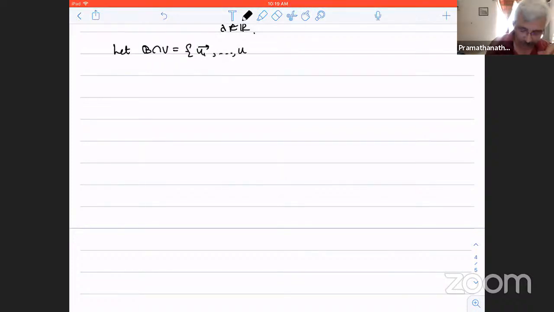So let B intersection V be this. I'm just repeating what I just did, but with less notation so that it's clearer.